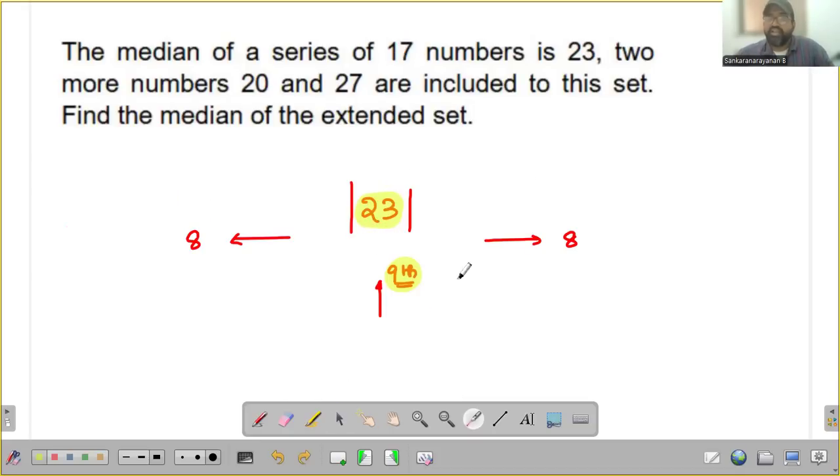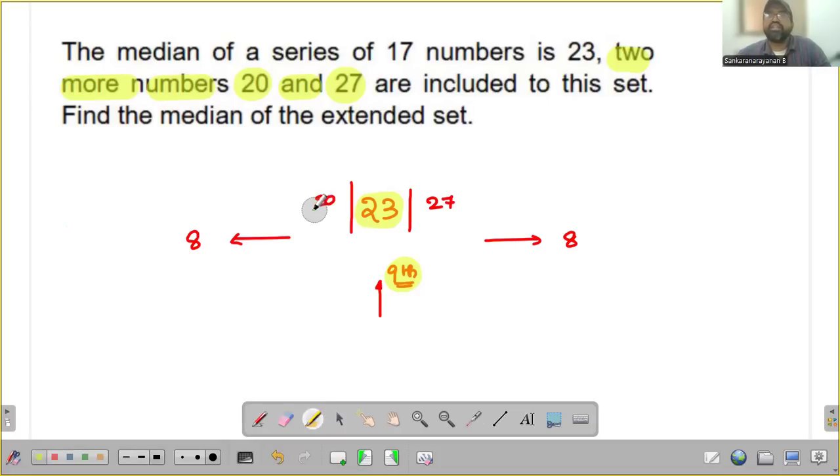Now what is happening? You can see that 2 more numbers, 20 and 27, are included in this set. 20 will definitely come to the left side of our 23 when I am arranging the numbers in ascending order. 27 will be coming to the right side of 23. Again, I am presenting the numbers in ascending order. So the 23 still continues to be in the middle position, because you added one to the left and one to the right.